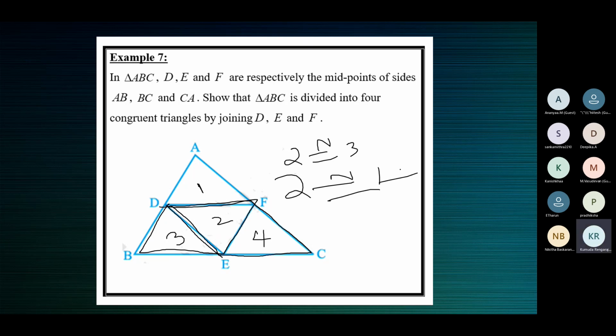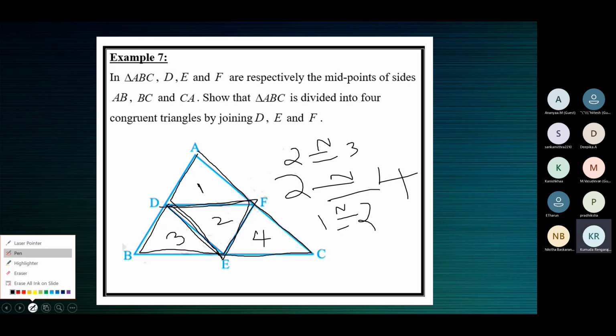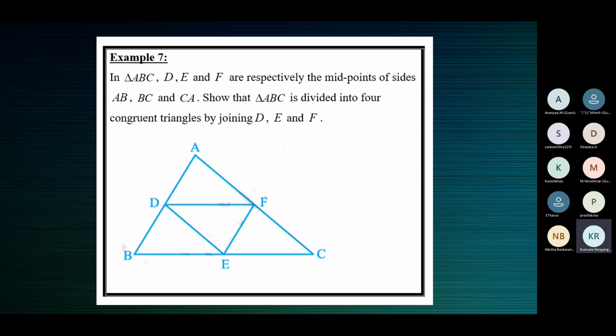And you have to prove that all the three are parallelograms. When you prove that this one is a parallelogram, the result you get will be 1 is congruent to 2. So from these results, all the 4 triangles are congruent to each other. The property used is that a diagonal divides a parallelogram into 2 congruent triangles.